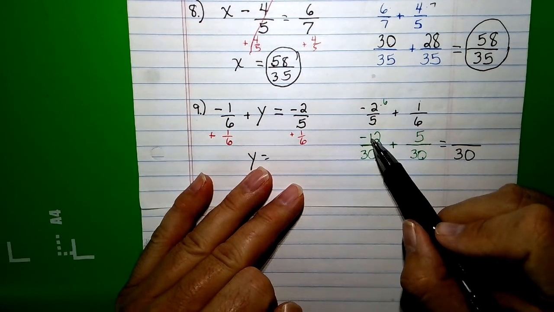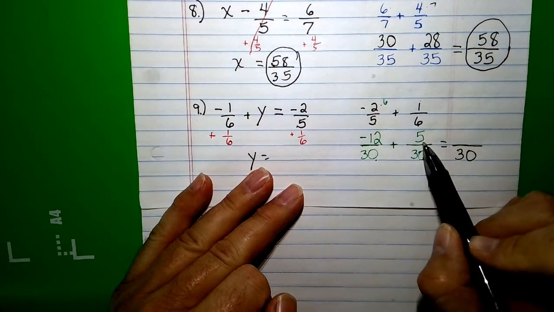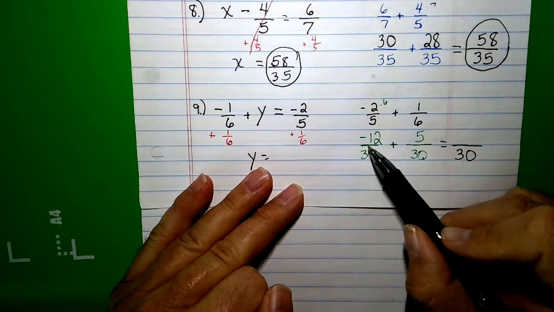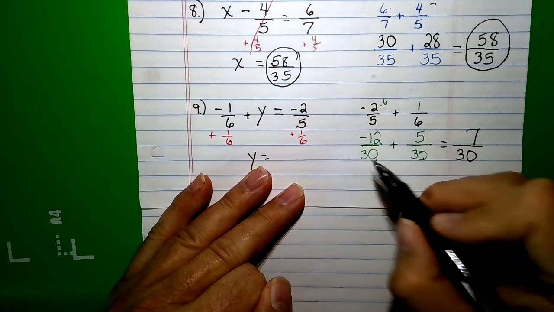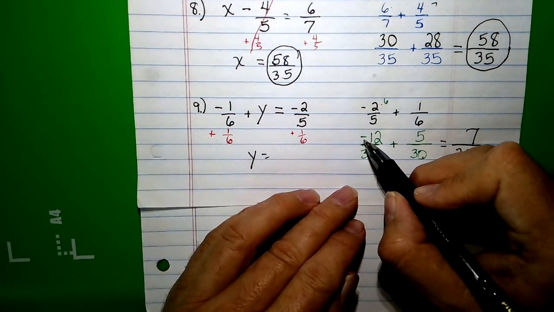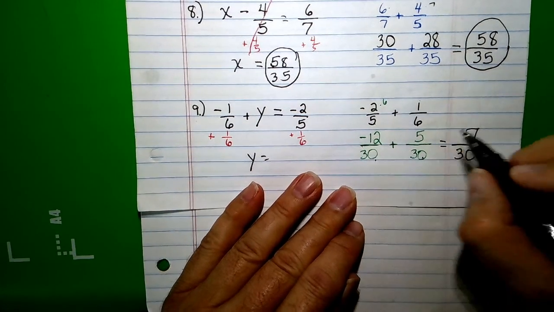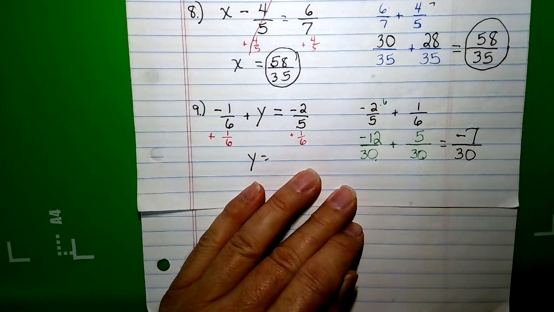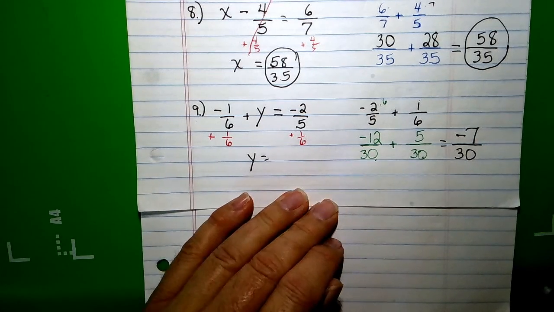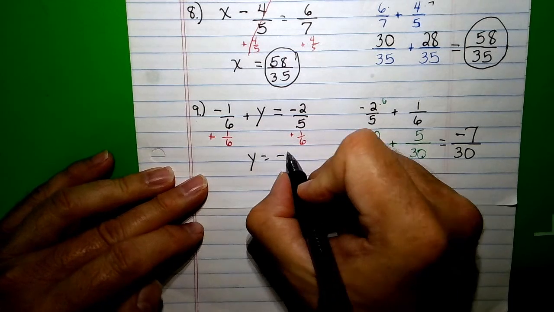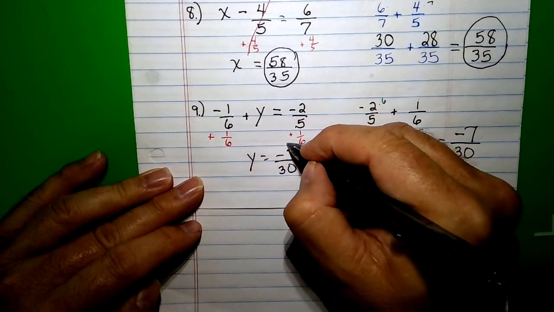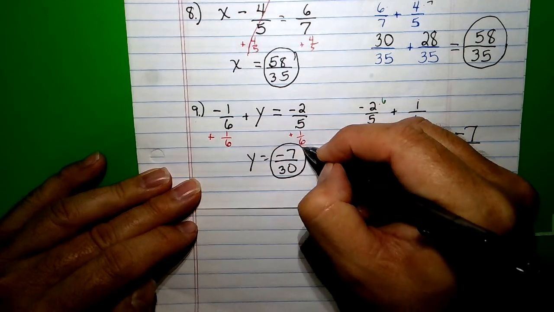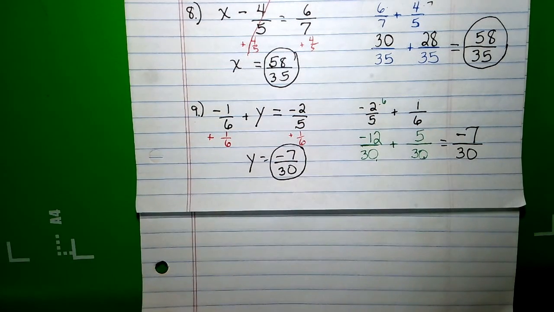Be careful. Negative 12 plus a positive 5. To add a negative and a positive, you subtract, take the sign of the number that's bigger in magnitude. Negative. Okay? So negative 7 over 30.